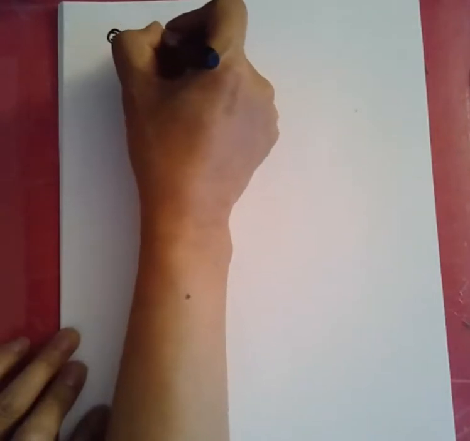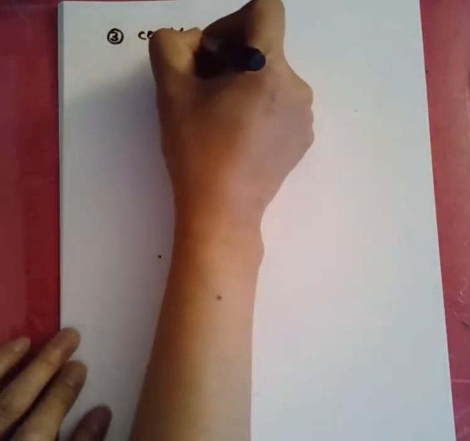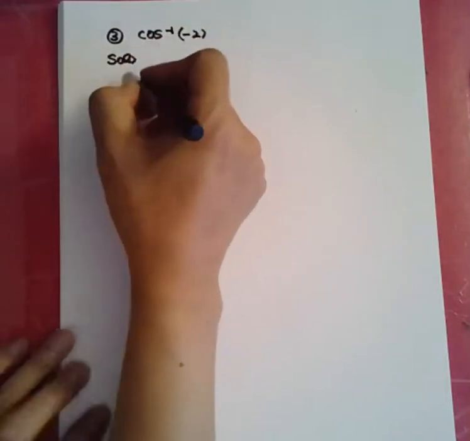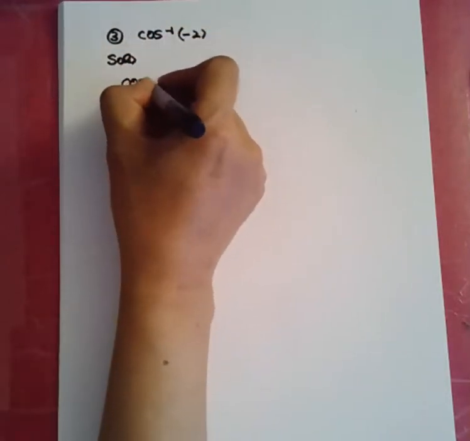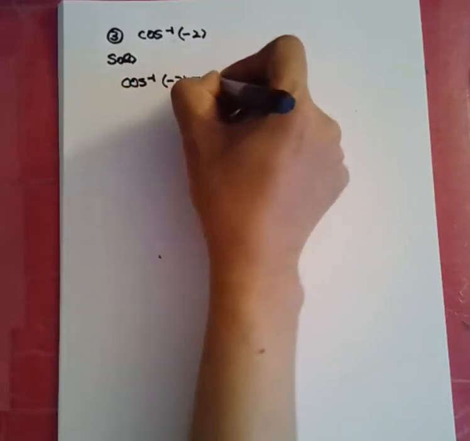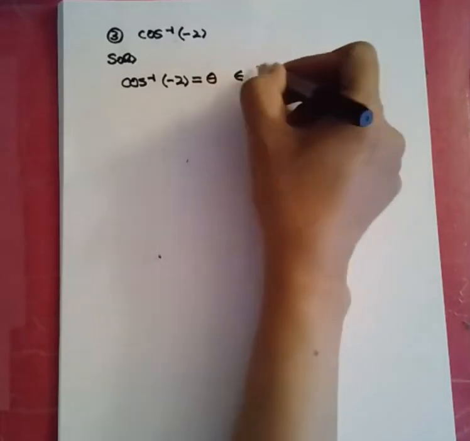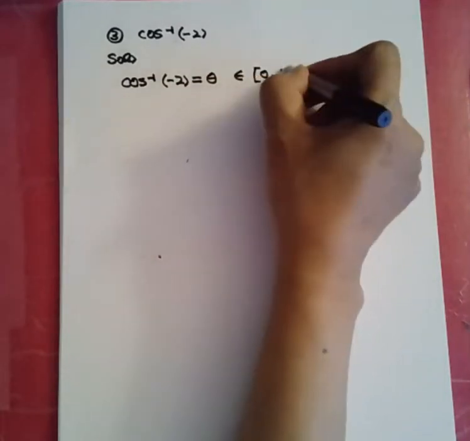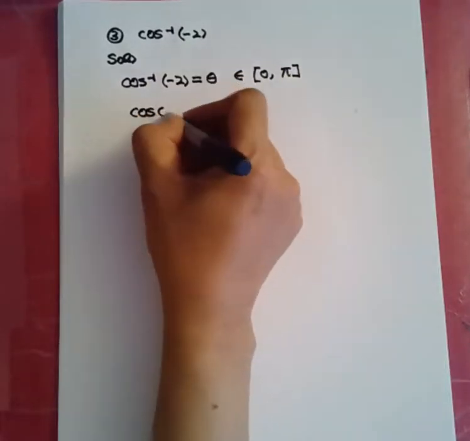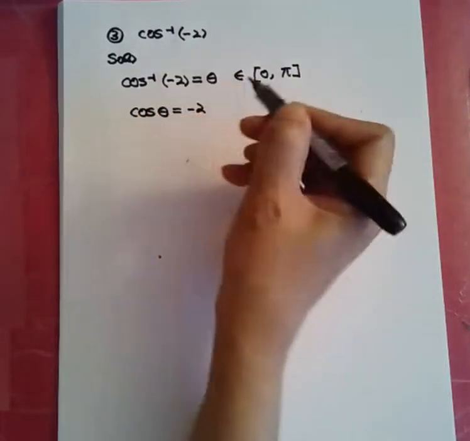The next example is cosine inverse of minus 2. Let's say cosine inverse of minus 2 equals theta, which is an angle between 0 and pi. So that means cosine of theta equals minus 2.